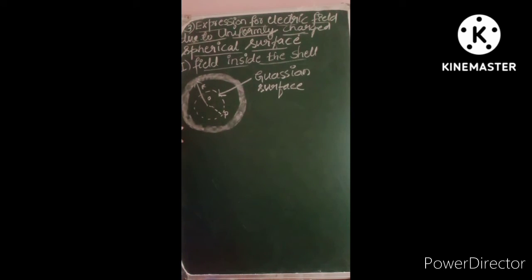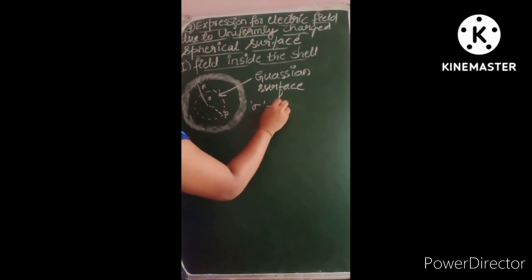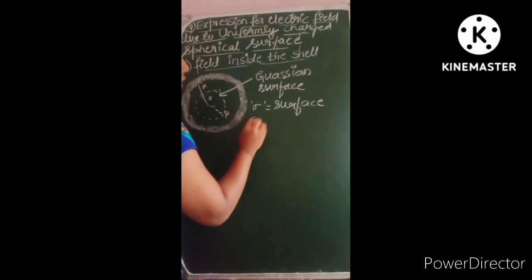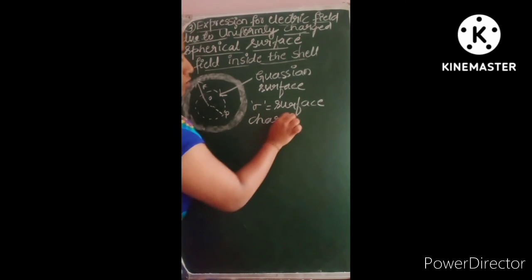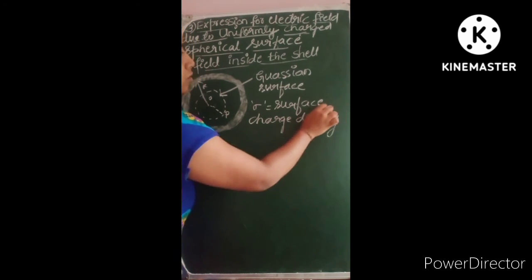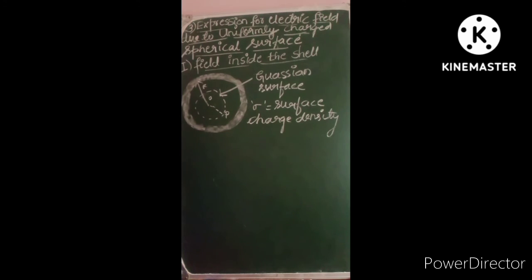The second case of the third application is field inside the shell. Let sigma be the surface charge density and P be the point inside the shell with the radial distance r.